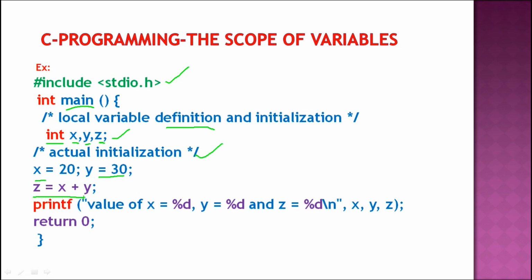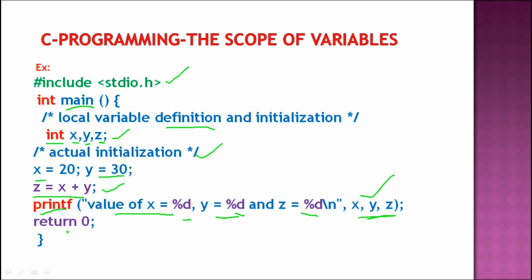After that we print the x value and y value using the integer digit format, and the z value result in the integer numeric format. Here we print our values x, y, z, and if the function executes successfully, it returns the value.